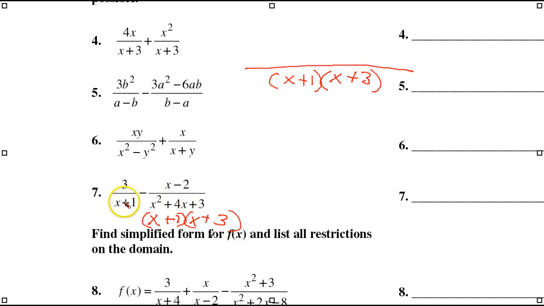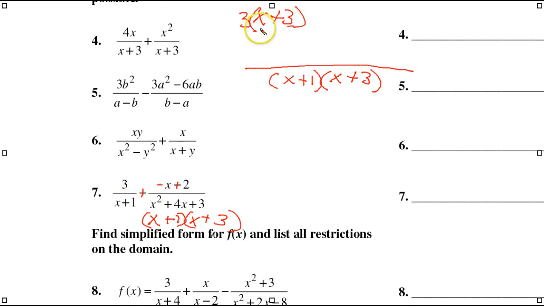So what does this one need? Well, it's going to be a 3 times the one that's missing, which is this one here, x plus 3. And then now notice we can make this a plus, and then just change both of these signs. Make that a negative, make that a plus.